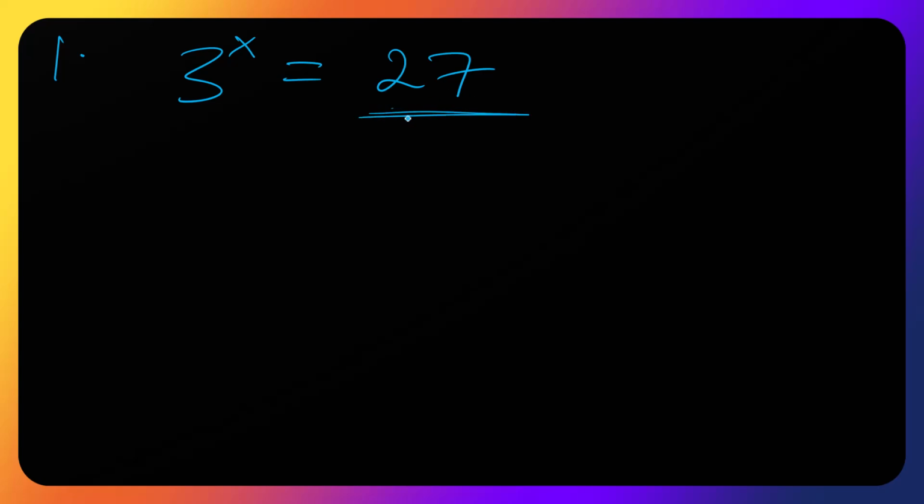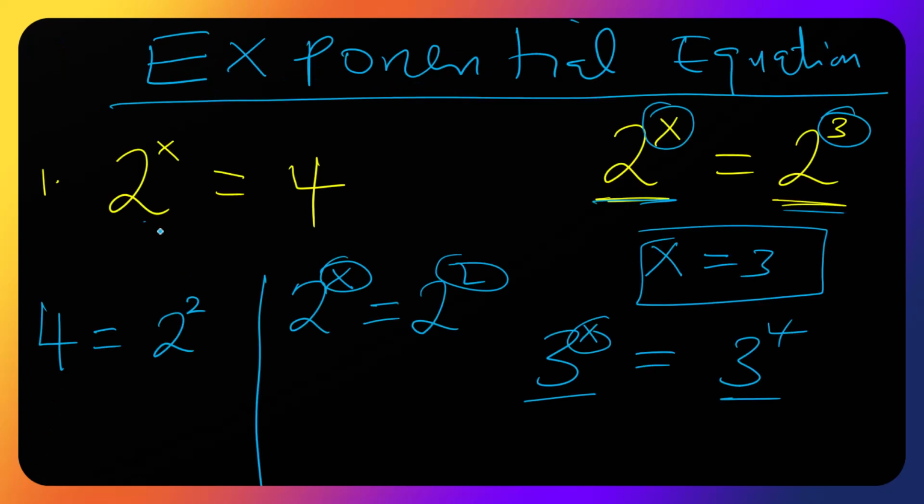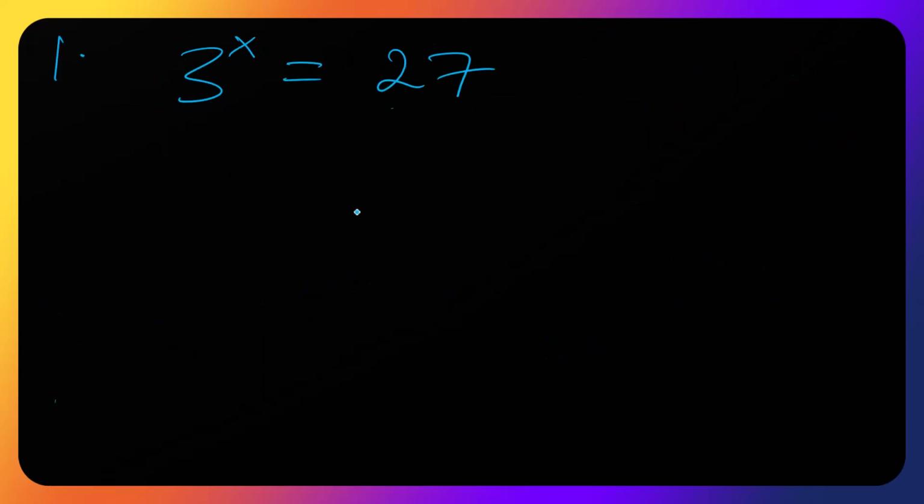So 27 is the same as 3 to the power of 3. Just like 2 times 2 is 4, 2 squared is 4. So that's the meaning. So you will say 3 to the power of x equals 3 to the power of 3. x equals 3.